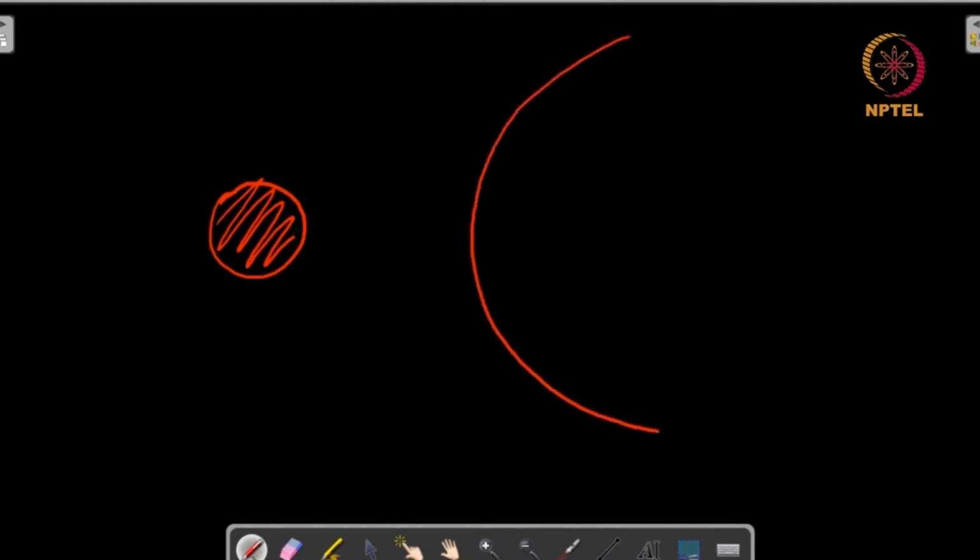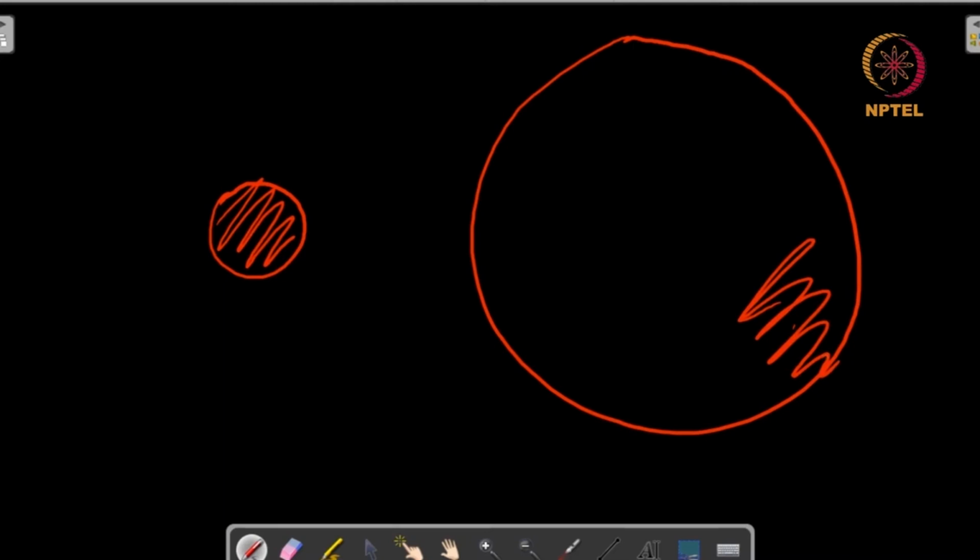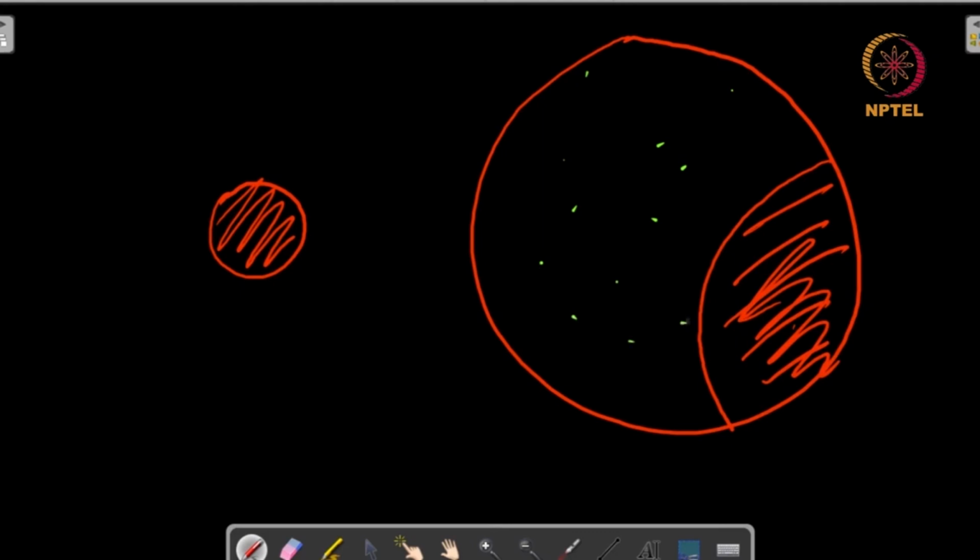Whereas if you have a large size reserve and then you have a forest fire, say in a large area, you will still have time to combat this fire. So possibly you will be able to stop this fire in this zone. So this area is destroyed, but this area remains.